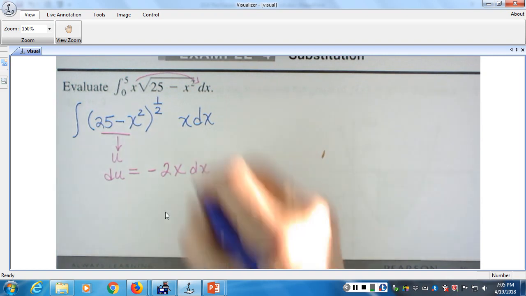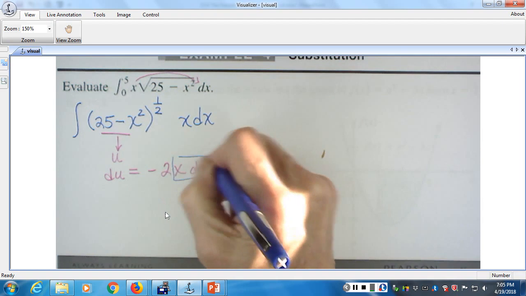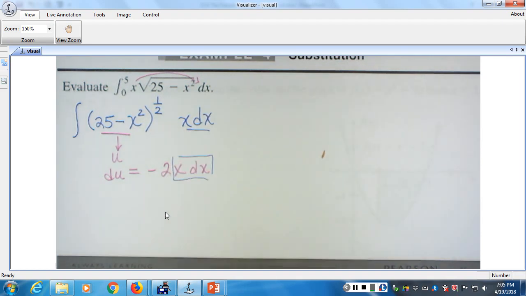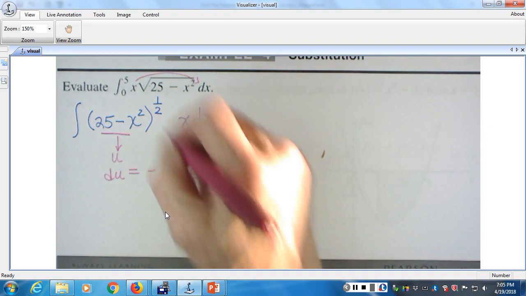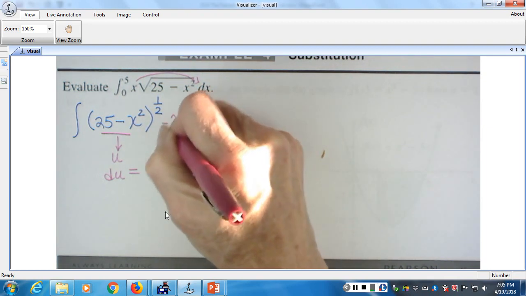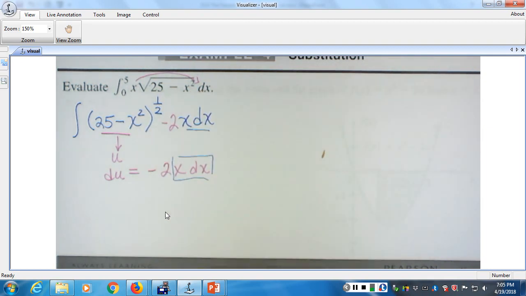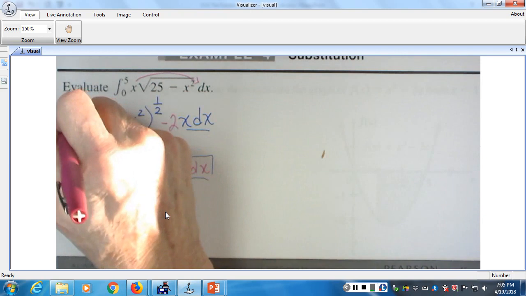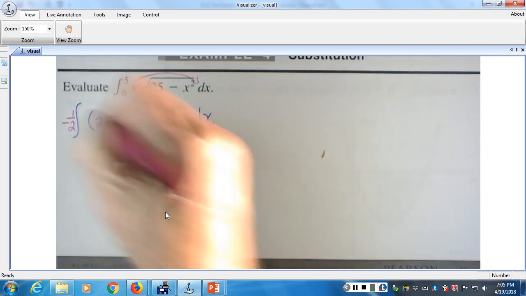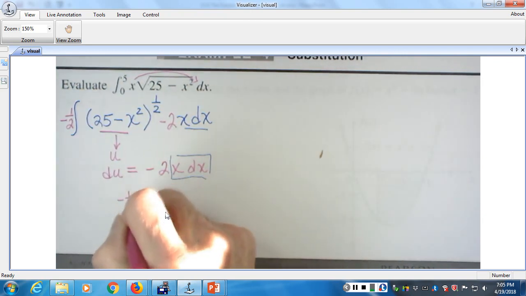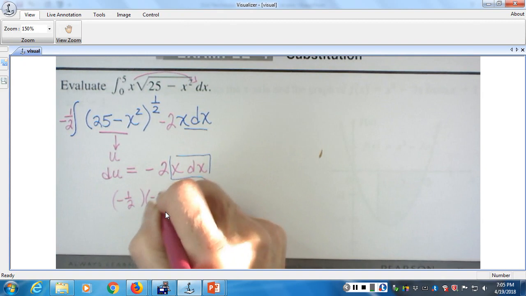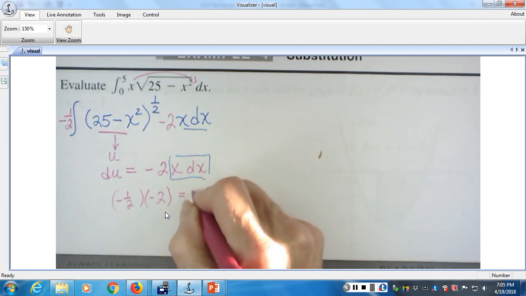I have part of it, but I don't have the negative 2. So like we said last time, I can put in the negative 2 if I put in negative 1/2 in the front, because negative 1/2 times negative 2 is equal to positive 1.